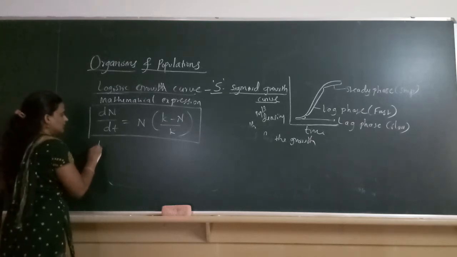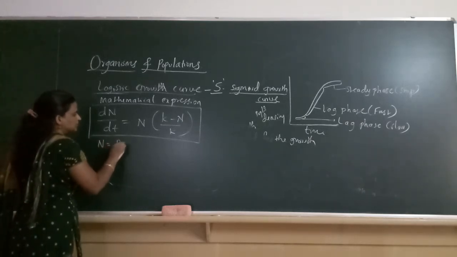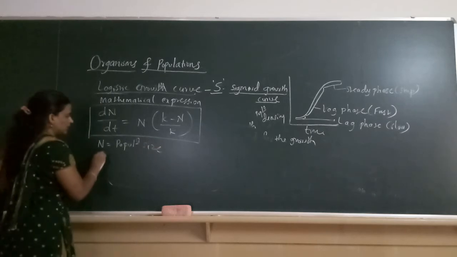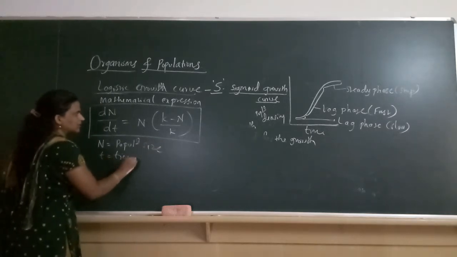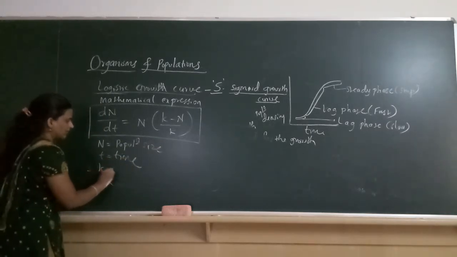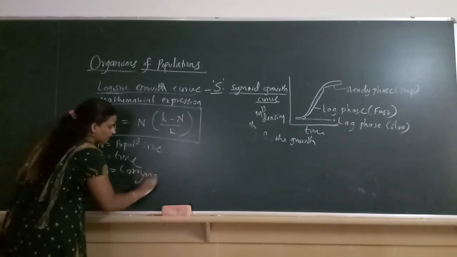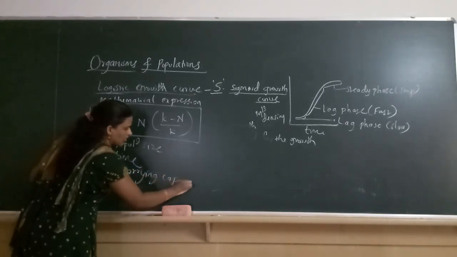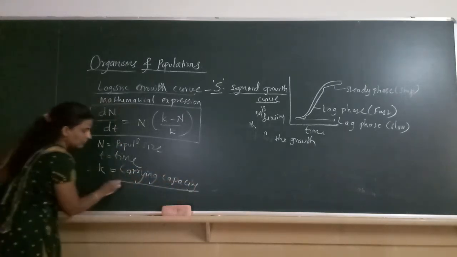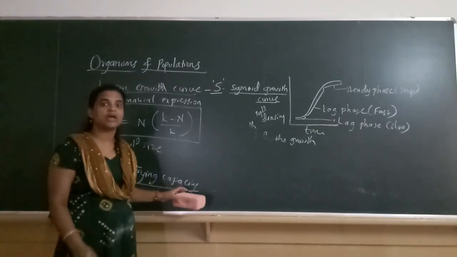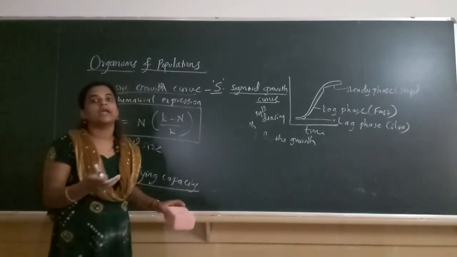dN means population size. t means time. Okay. K means carrying capacity, means maximum size of population that can be supported by the ecosystem.